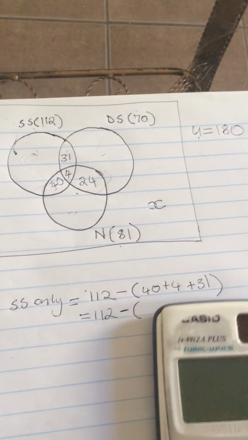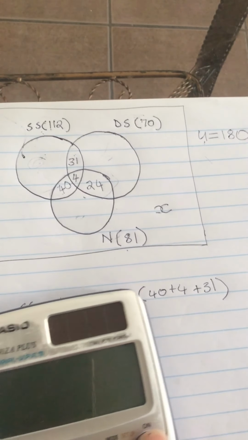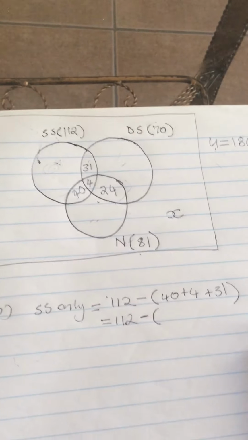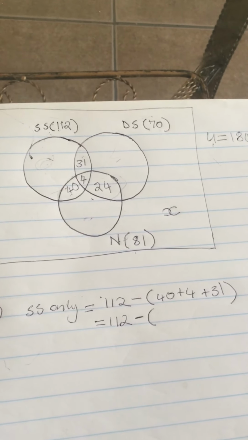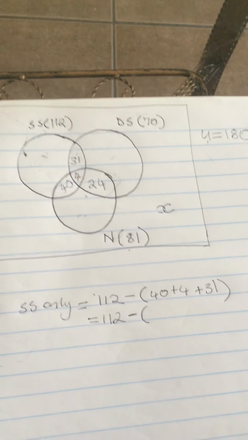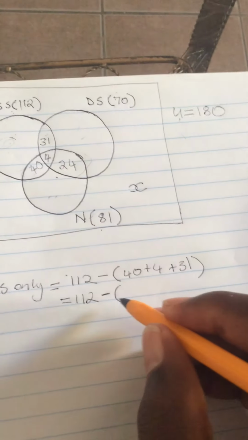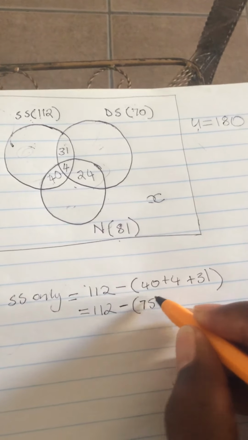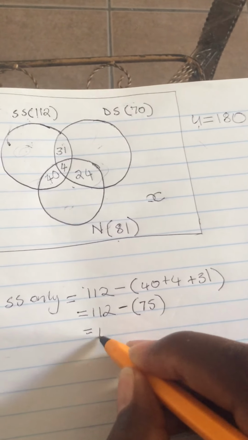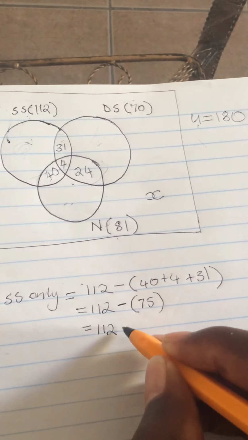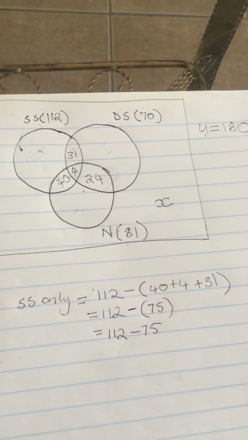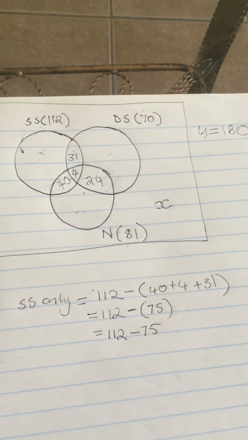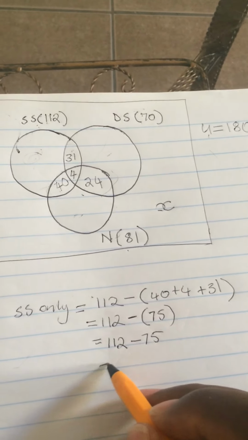It's 40 plus 4 is 44. So let me just say 44 plus 31 equals 75. Therefore 112 minus 75, okay, 112 minus 75, 37.